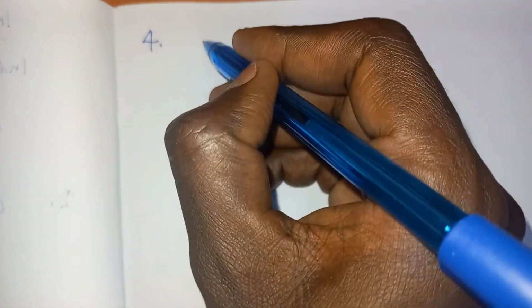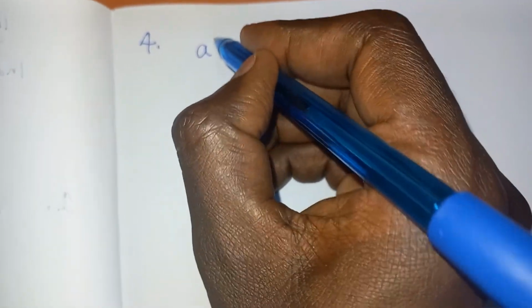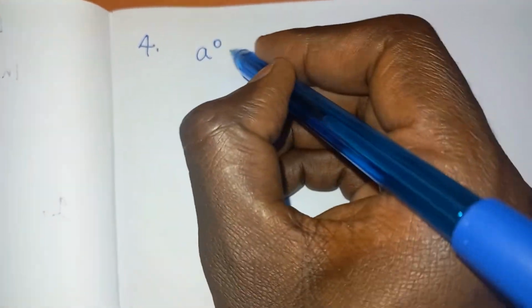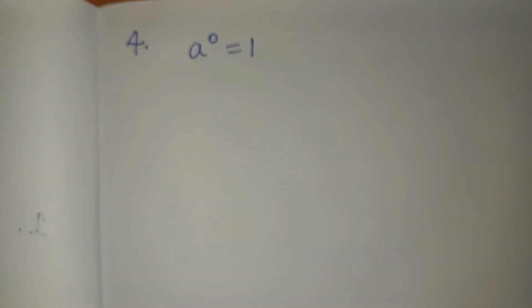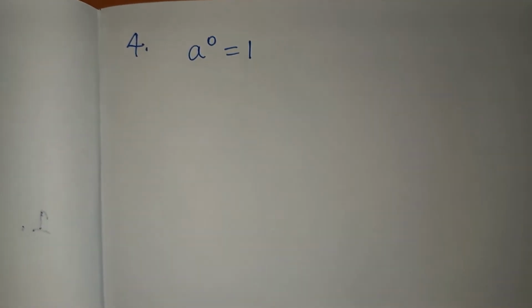Now, let's look at the fourth rule. The fourth rule says that a raised to power 0 is equal to 1. Now, this is called the zero power rule. How can we demonstrate the zero power rule?